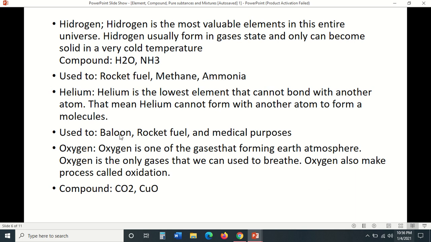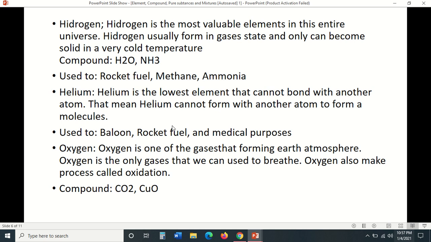Helium is also what keeps hydrogen liquid, which becomes rocket fuel. And helium is also used in medical purposes such as respirators, etc.